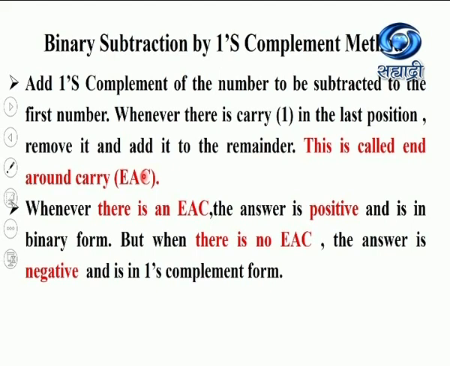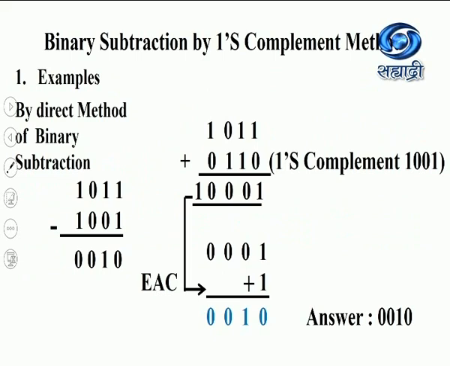Whenever there is an EAC, the answer is positive and it is in binary form. But when there is no end around carry, the answer is negative and it is in the ones complement form. So let us solve some examples based on this topic, binary subtraction by ones complement method.